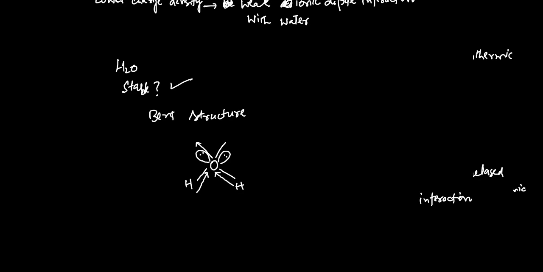So you have a kind of four dipoles in the water molecule, and finally all the dipoles are directed in one particular direction, and the dipoles reinforce each other, which increases the overall dipole moment of the water molecule.